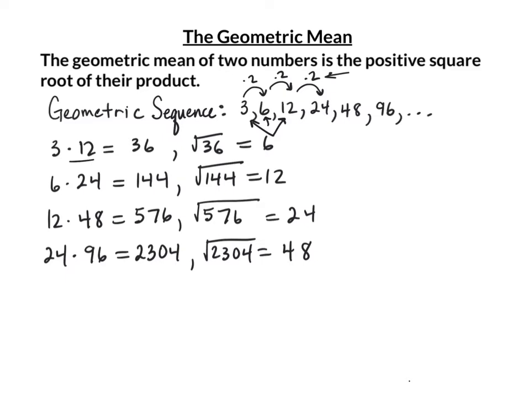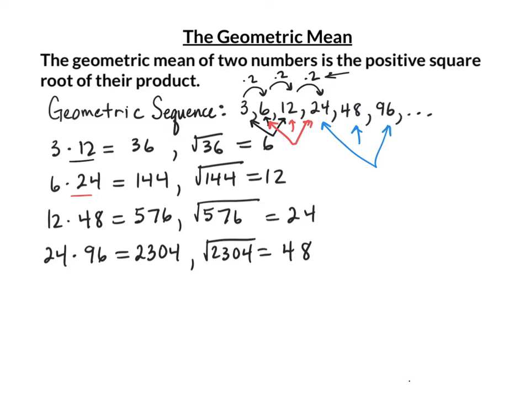If I pick three numbers like 6, 12, 24, and I multiply the 6 and the 24, I get 144. The square root of 144 is 12. There it is. That works anywhere in the geometric sequence. Pick three numbers, multiply the outside two, take the square root, and you get the number in the middle. 24 times 96, 2,304.